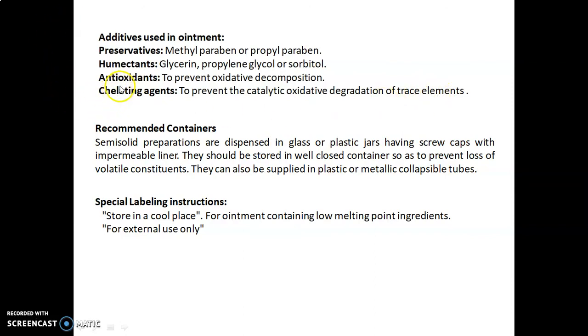Examples of antioxidants are BHA, butylated hydroxyanisole, or butylated hydroxytoluene, BHT. In case of chelating agents, the best example is EDTA, ethylenediaminetetraacetic acid, also known as a sequestering agent.